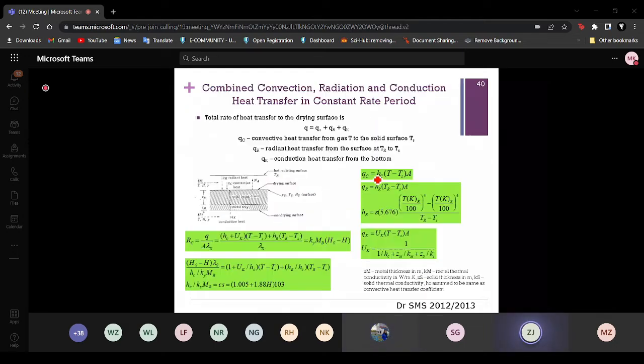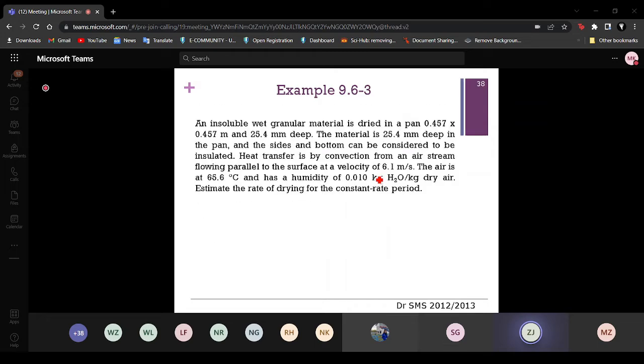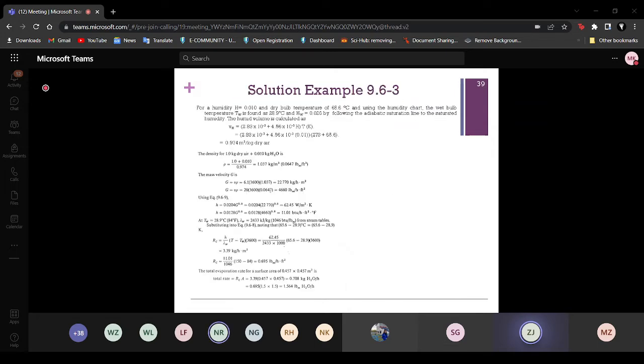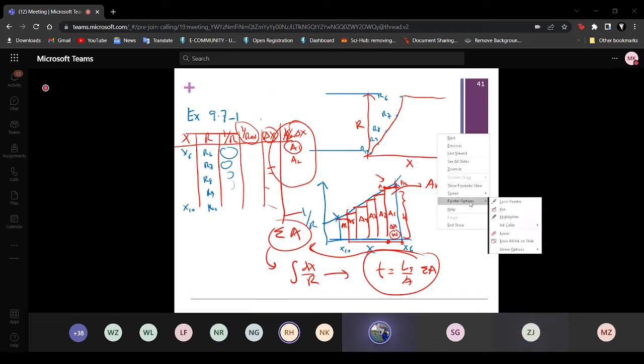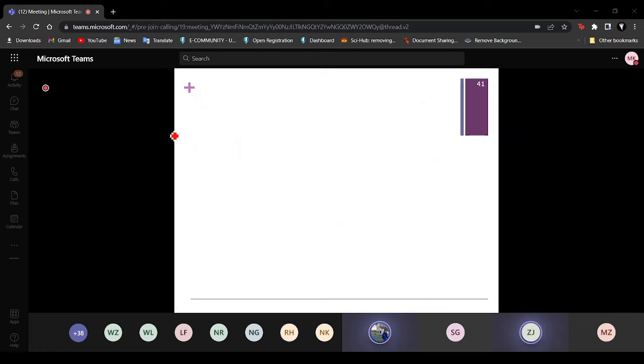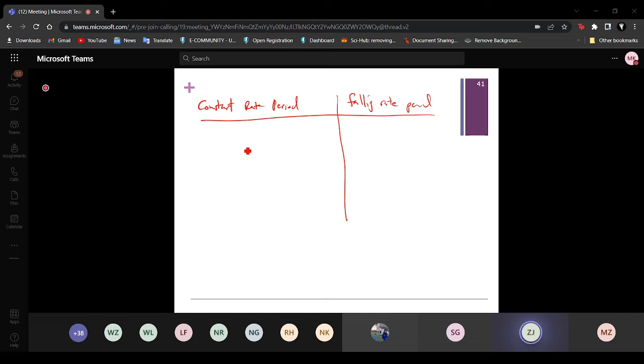Basically, to summarize, sorry, let me go back. What we already discussed is the constant rate period, and you have another one here, the falling rate period. What we have gone through: first, calculation involving experimental data.